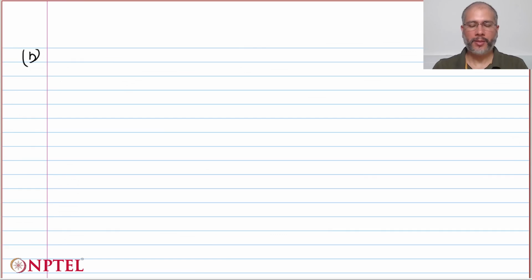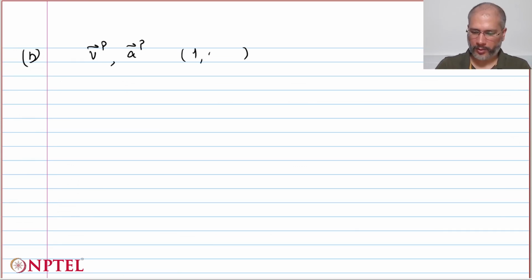So you can see that I've written the capital X vector in terms of the small x values. Now in part B, we are asked to find the velocity and the acceleration of some particle P, which was at a specified location, that is 1, 0, 1, which is the small x vector for P at t equals 2.